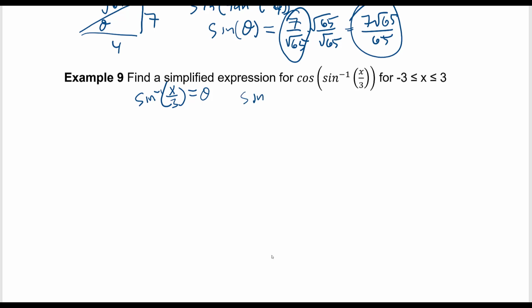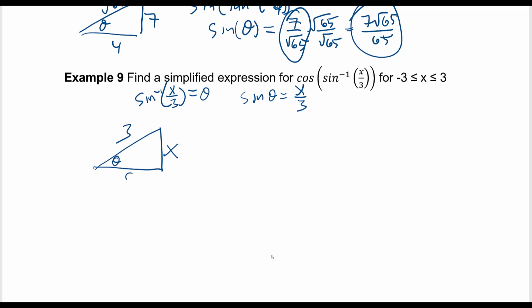That means sine of theta is x over 3. Okay, and so if we have a right triangle, the nice thing about having these ratios is, this is my theta, sine is opposite over hypotenuse. So we'll call opposite x and hypotenuse 3.